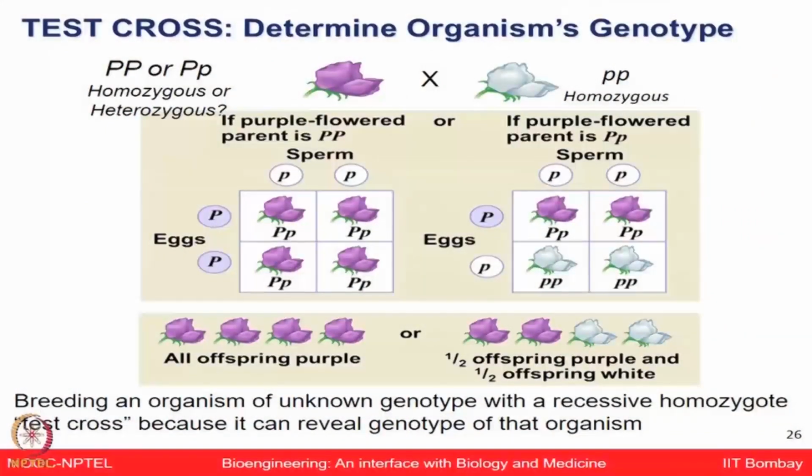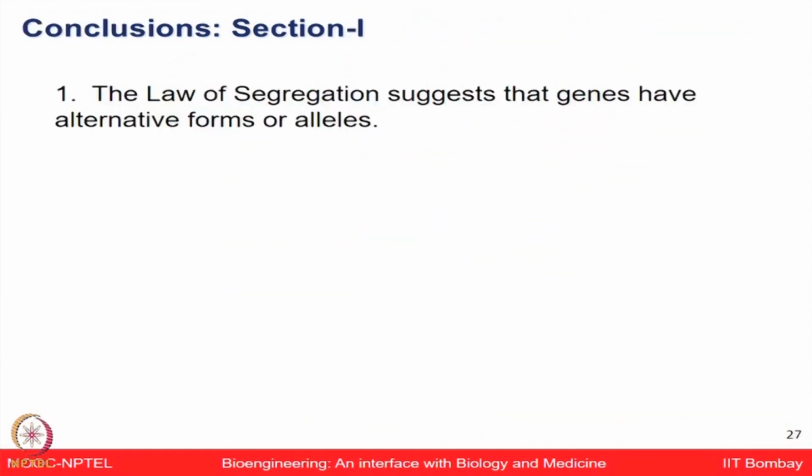So breeding an organism of unknown genotype with a recessive homozygote is known as test cross, which can reveal the genotype or the genetic composition of that particular organism. So what we can conclude from this section so far is that the law of segregation suggests that genes have alternative forms, or the alleles.